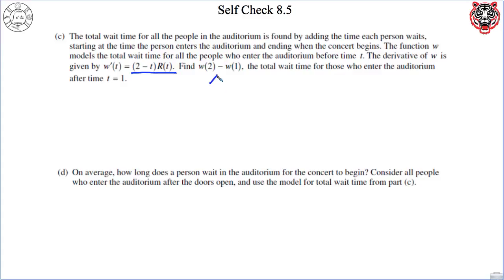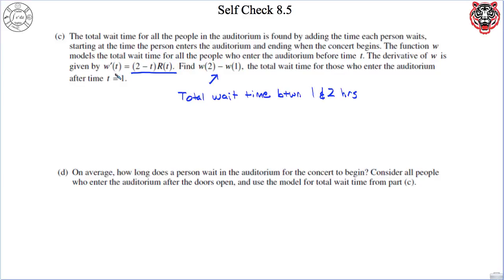So this thing, if you want to interpret it, this is the total wait time between 1 and 2 hours. But it only gives us the rate of the wait time. It doesn't give us the total wait time equation. It would be nice if it gave us W of t is equal to this, then you just plug in 2 and 1 on your calculator and then subtract them, but it doesn't give us this.